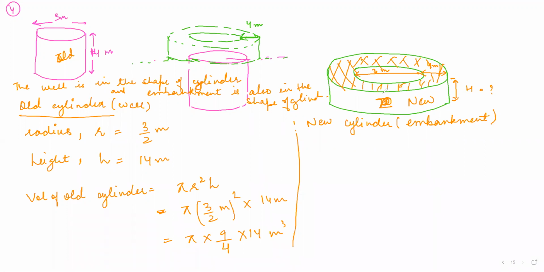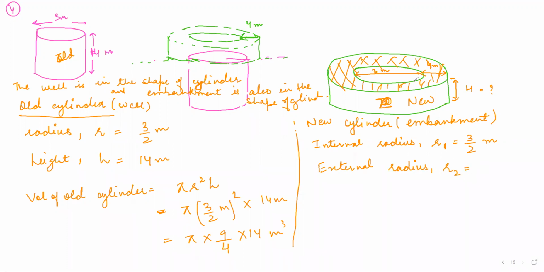Yes, ma'am. So let us write internal radius. Internal radius, I can call it R1, no problem. So internal radius will be same as this, 3 by 2 meter. Okay. And external radius, let us call it R2.